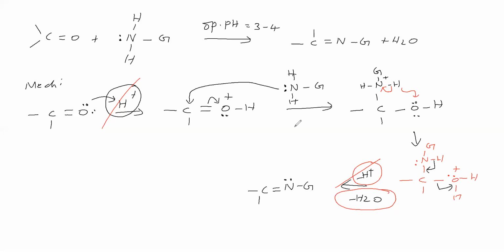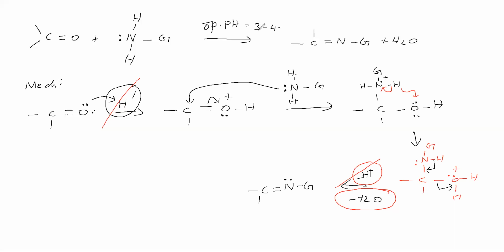Nucleophilic addition is possible only if H plus adds to oxygen and makes it positively charged; then the nucleophile can add to this carbon. Therefore we have to keep an acidic medium. Sir, what pH is provided? pH 3 to 4. Why should we provide 3 to 4? Why can't we go lower?